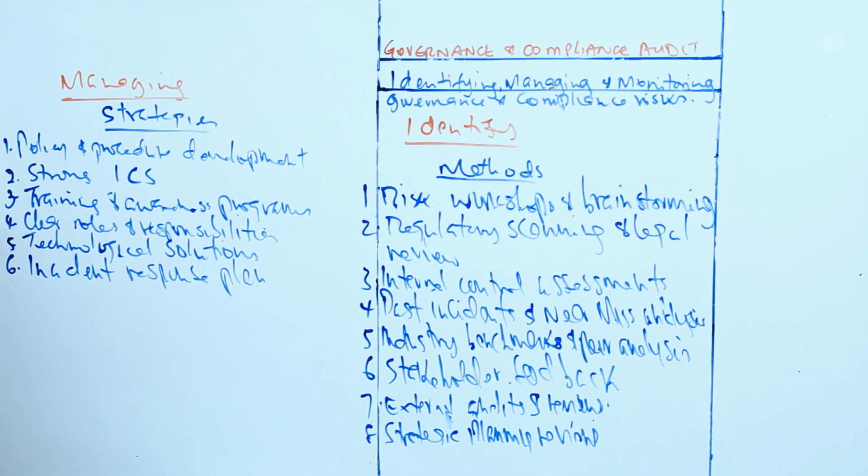That includes investigation, remediation, and communication. This communication could be to the regulators or affected parties, and it may also include disciplinary action. 7, we have board and committee oversight.